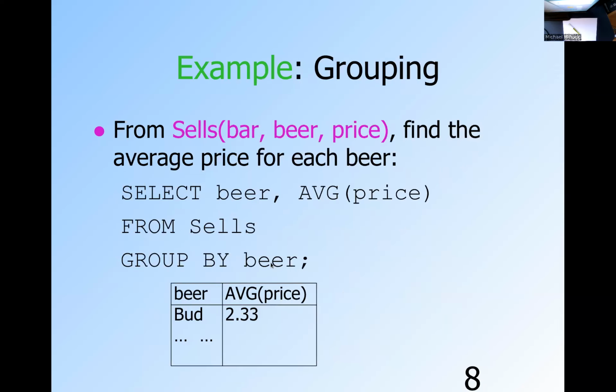All right, so here's an example. In this case, the partition is going to be however many different beers we have. We have the selling relation where we have the beer and then the price.